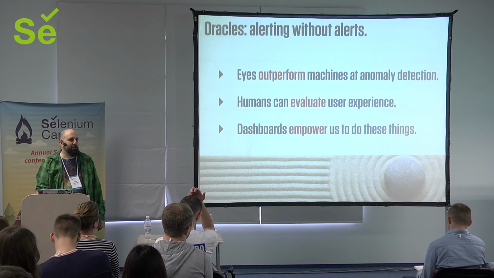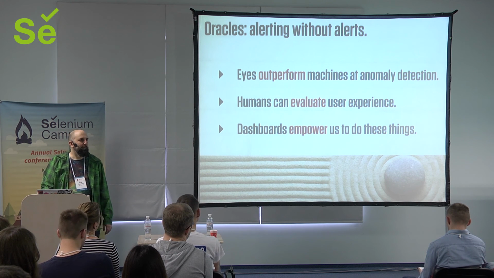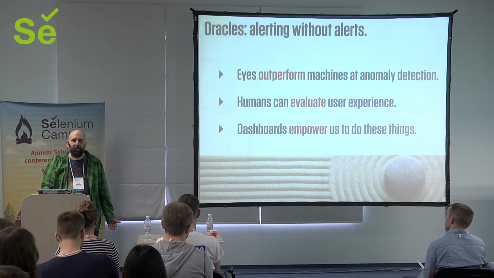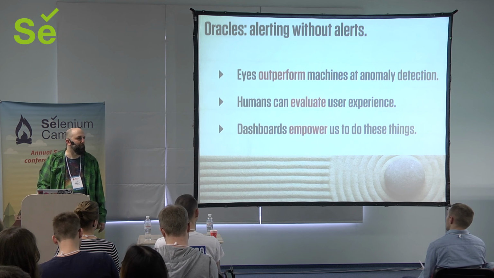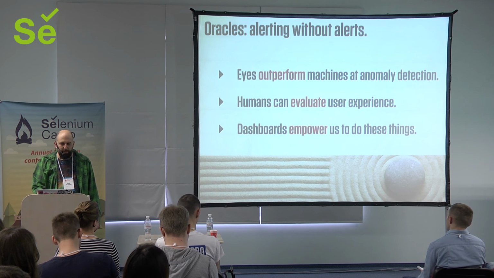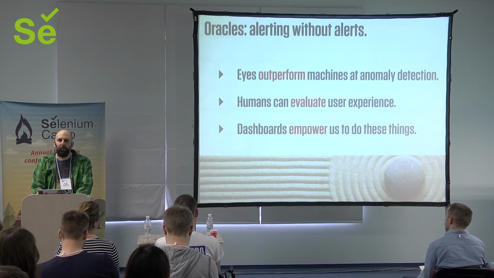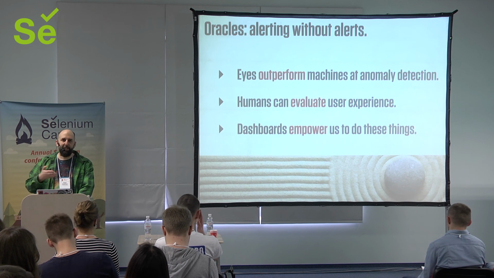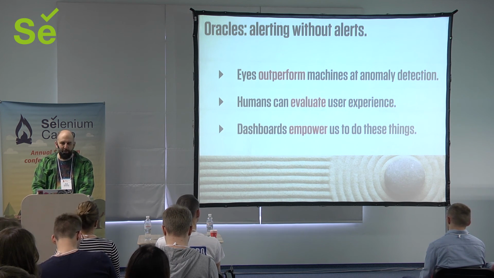We visualize the changes in a way that a human can make decisions about them, because ultimately that is what has to happen at the end of any test run, no matter how much machine learning is in place. Ultimately, a human has to make the decision. So my philosophy over time has become to concentrate less on the machine learning part and more on getting that information in front of the human in the most consumable way possible.